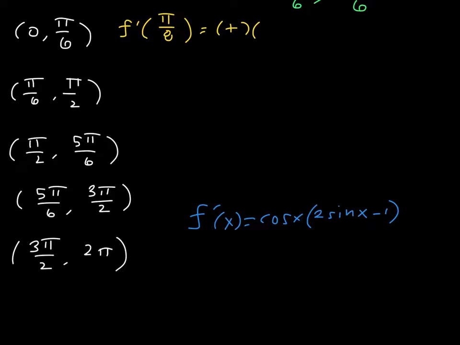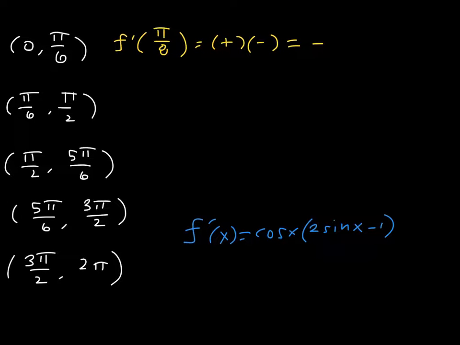When you evaluate sine of pi over 8, multiply that by 2, and then subtract 1, it's going to give you a negative value. Yes, in quadrant 1, sine is positive, but sine of pi over 8 is such a small value that even after multiplying by 2, when you subtract 1, it becomes negative. So over this interval, we have a negative sign.